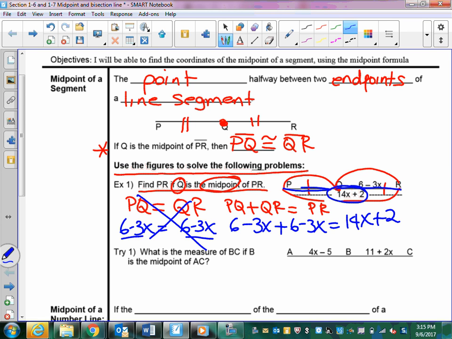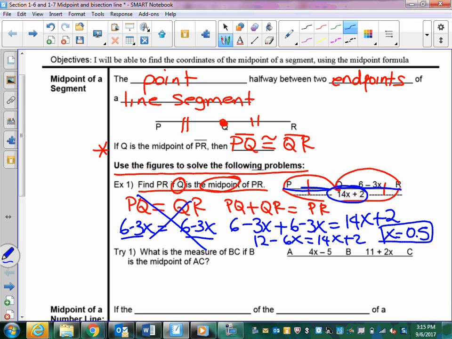Because they're both the same equation, you won't be able to solve it. But I know if I add the two smaller congruent segments, it'll give me the bigger segment. So when you combine like terms, it gives you 12 minus 6x equals 14x plus 2. And you solve for x, x would give you 0.5. I just don't have space to show you.